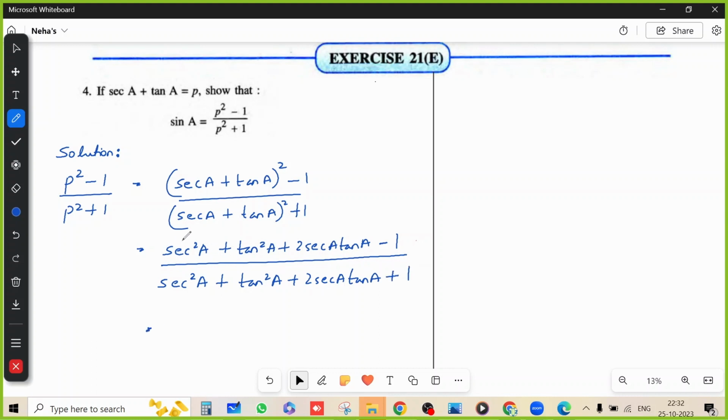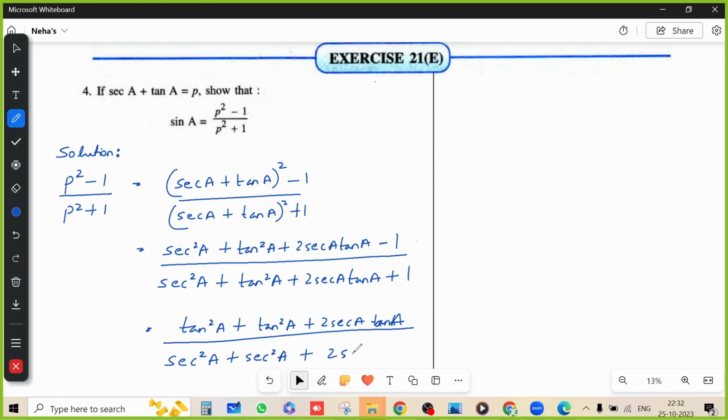Now sec square a minus 1 is equal to tan square a. So this can be written as tan square a plus tan square a plus 2 sec a into tan a, and in the denominator tan square a plus 1 can be written as sec square a. So it will be equal to sec square a plus sec square a plus 2 sec a into tan a.